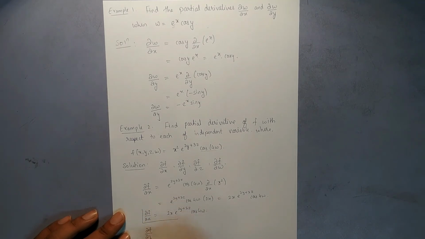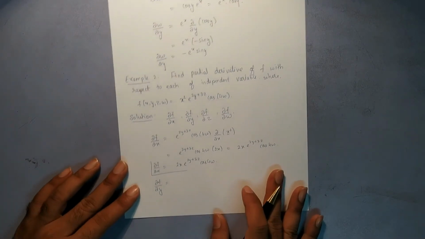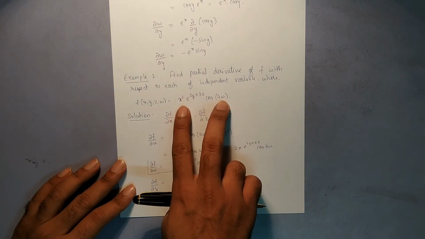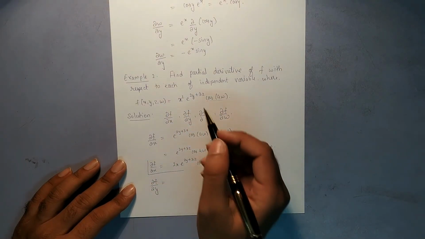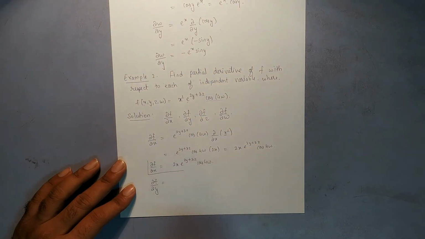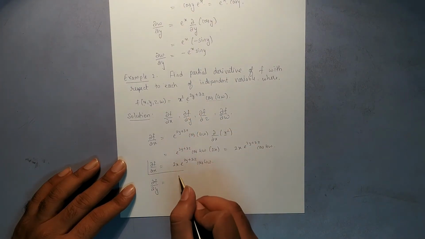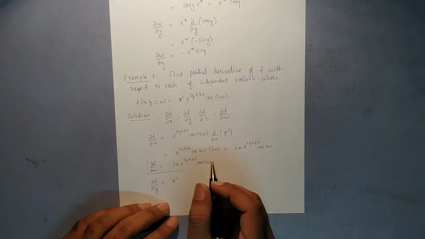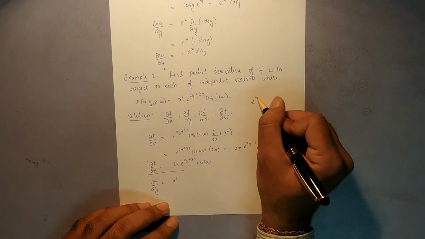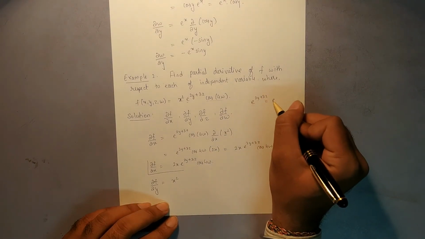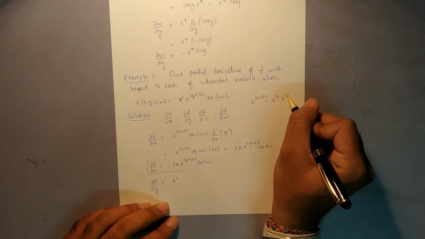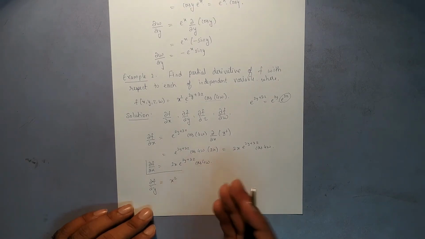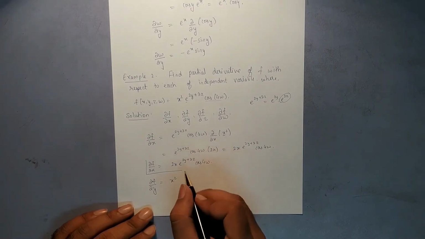Similarly, ∂f/∂y will be equal to, so we have to treat all other functions as constant, and we have to differentiate only with respect to y. So in x square e raised to 2y plus 3z, I can write e raised to 2y plus 3z as e raised to 2y into e raised to 3z. This e raised to 3z we can take as a function of z, and we can take that outside.